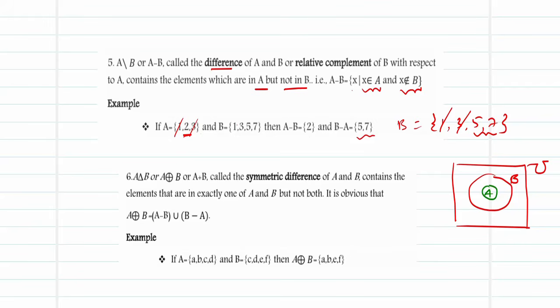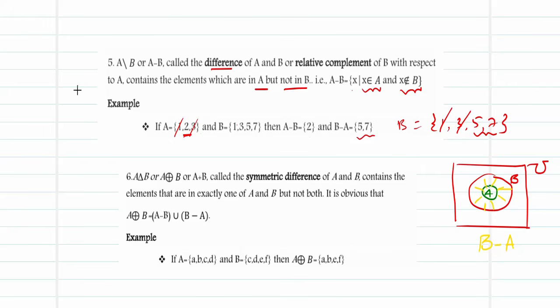The left out portion is going to be this one over here, like a donut. So this yellow portion represents B from which A has been removed, B minus A.